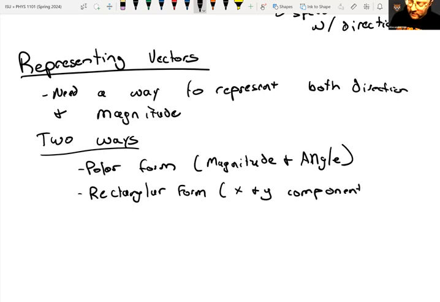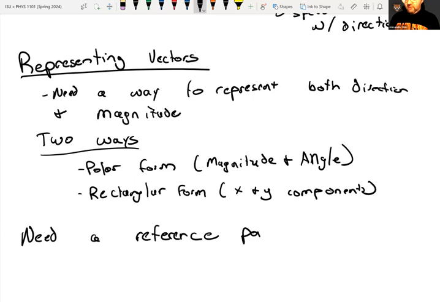Now, in either case, we need a reference point, okay? So when we're specifying direction, it needs to be in reference to some either known point or known direction, one or the other.